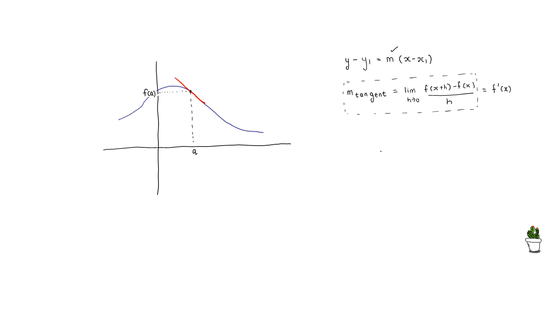If we want the specific point a, we can modify this by saying that the gradient of the tangent line is equal to the limit as h tends to 0 of f of a plus h minus f of a, all divided by h, which is equal to f prime of a. Again, this part is through first principle.